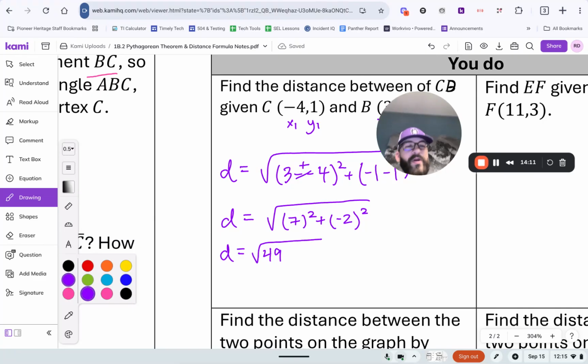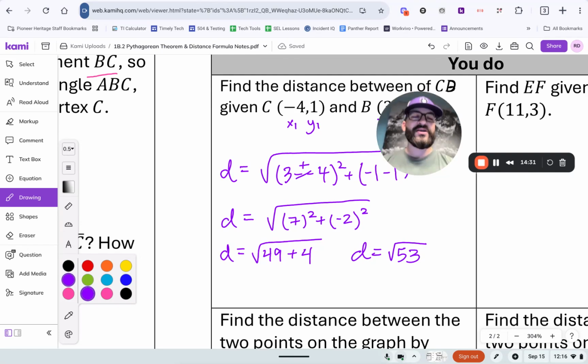Our negative 2 squared is not going to give us negative 4, because negative 2 times negative 2 is still equal to positive 4. And then 49 plus 4 would give us 53. So our distance is equal to the square root of 53.